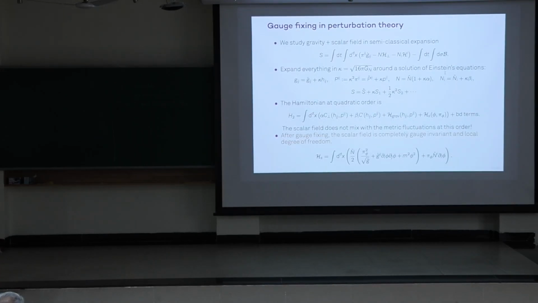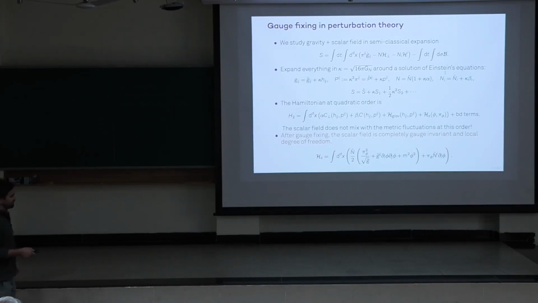Okay, so let's come to perturbation theory. What you do is you expand everything in this parameter kappa, which is square root of G Newton. You expand every quantity you can think of and write down the action in this perturbation expansion.